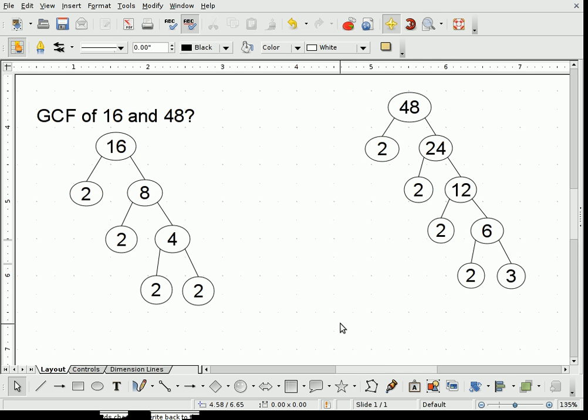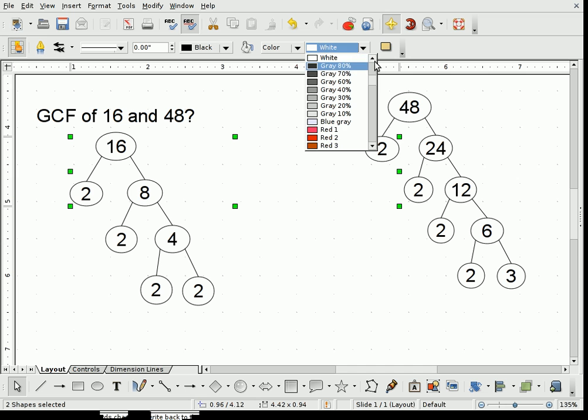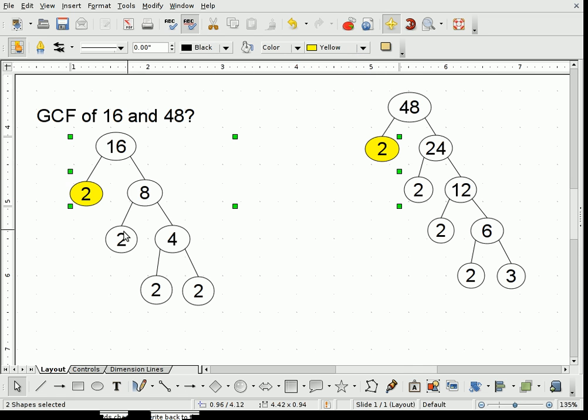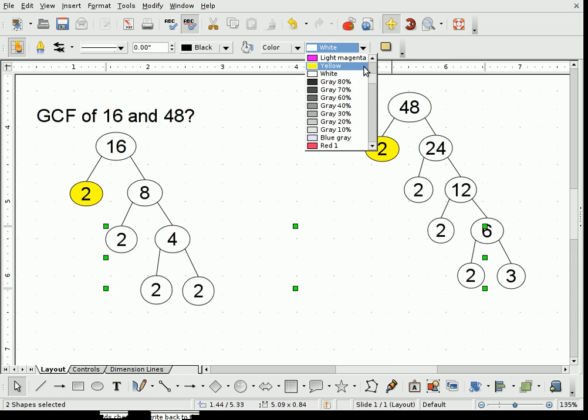So our next task is to find out what prime factors are common between 16 and 48. Okay, 2 matches up with 2. Oh, that's easy. Let's change the color to yellow. This 2, well, we can match it up with any other 2. Doesn't matter which one. So we'll pick any of the 2s and match them up and change the color.